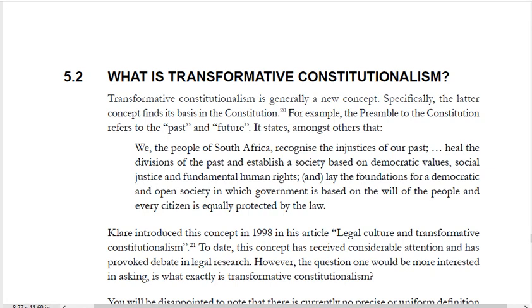I first gave out definitions of what is transformative constitutionalism. I tried to explain it, and I also paraphrased from the study guide. I think I also quoted what Claire said here.